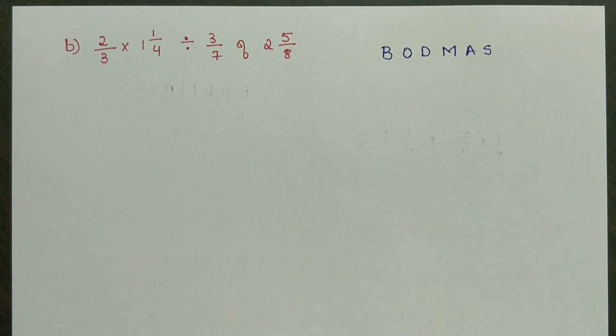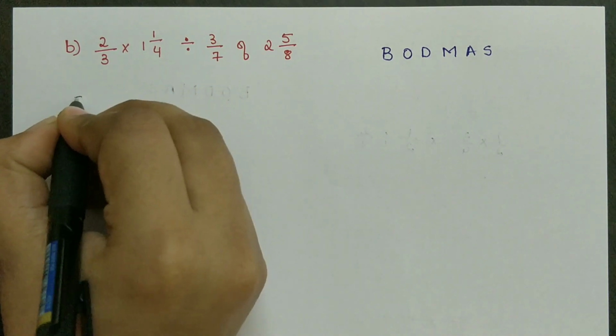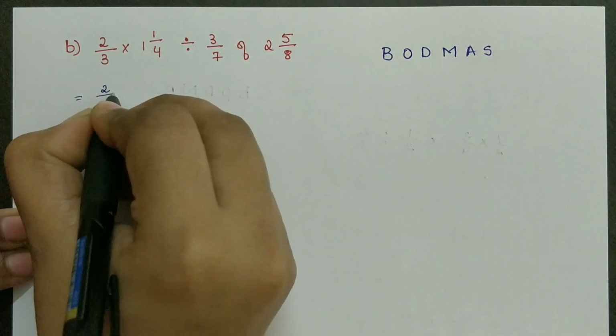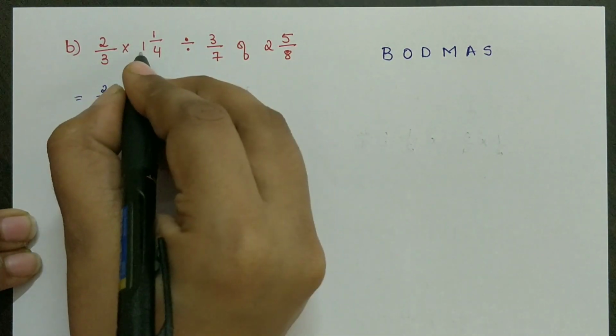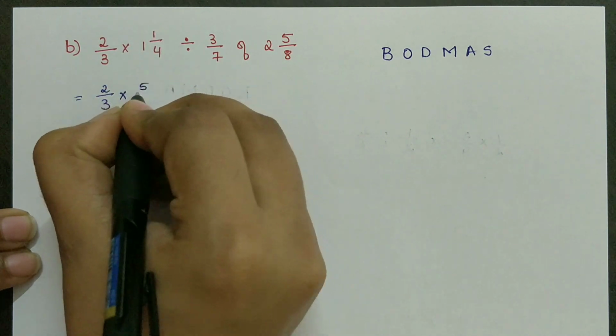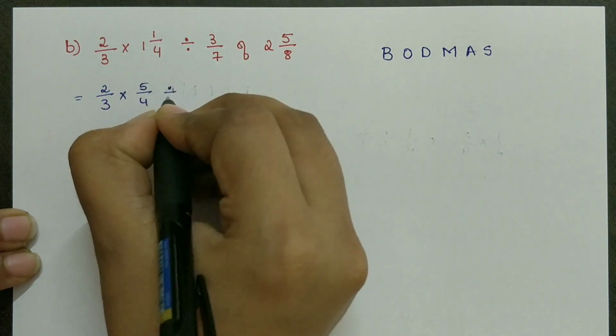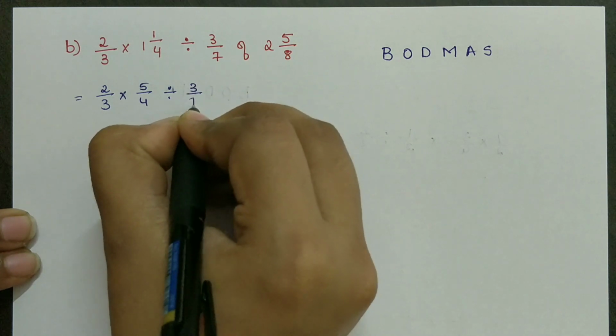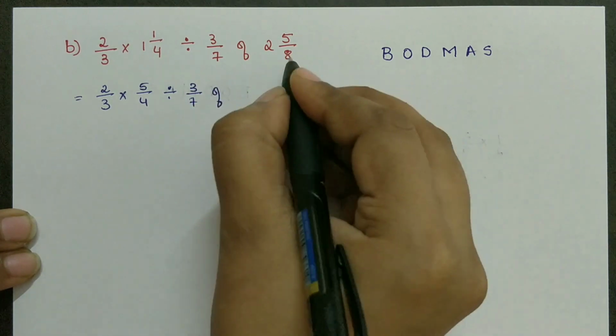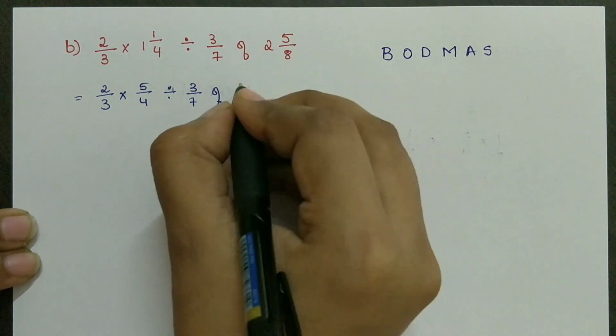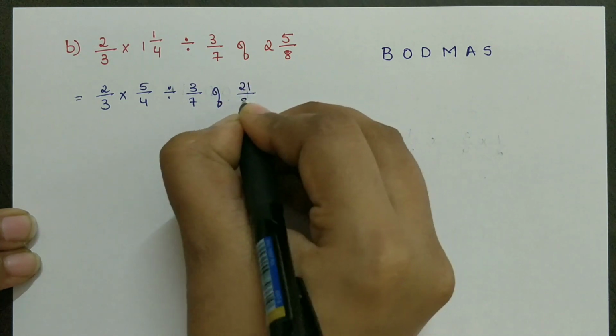Next question. It is equal to 2 by 3 into 4 ones are 4 plus 1, 5 by 4 divided by 3 by 7 of 8 twos are 16 plus 5, 21 by 8.